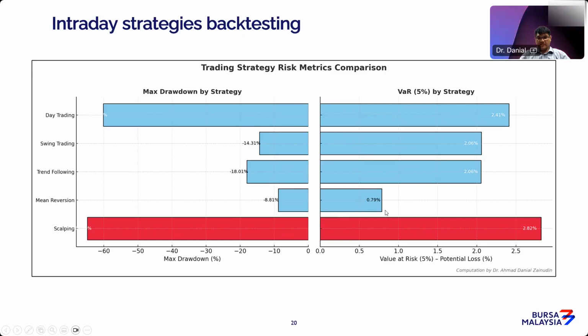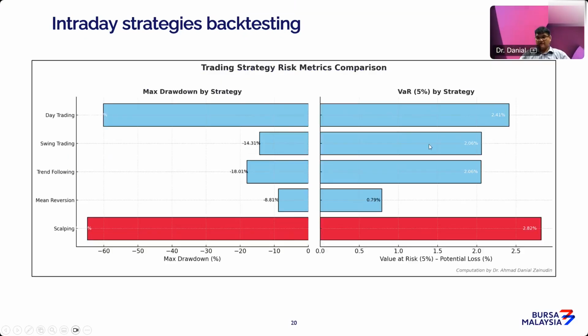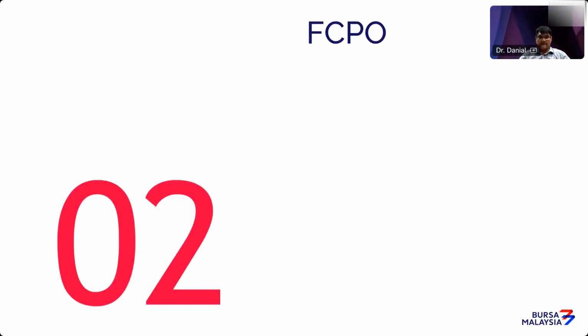Mean reversion is the one giving us the least. Although swing trading is the best one that worked out just now, the VaR, which is the maximum you can lose in 1 hour, is still considerably high, which is 2% for 1-hour losses. So these are the things you need to watch out for when you are trying to trade KLCI futures in an hourly setting. All right, that will be all for KLCI futures.